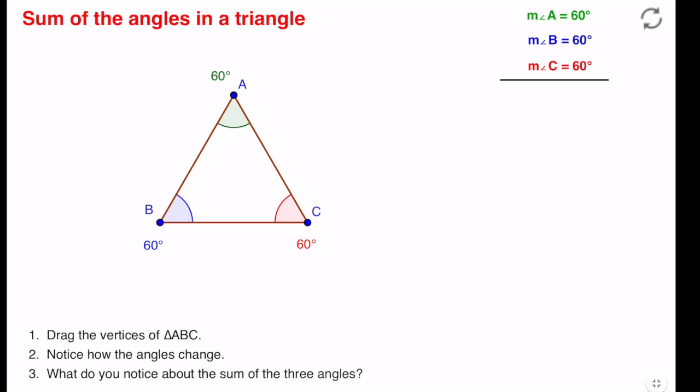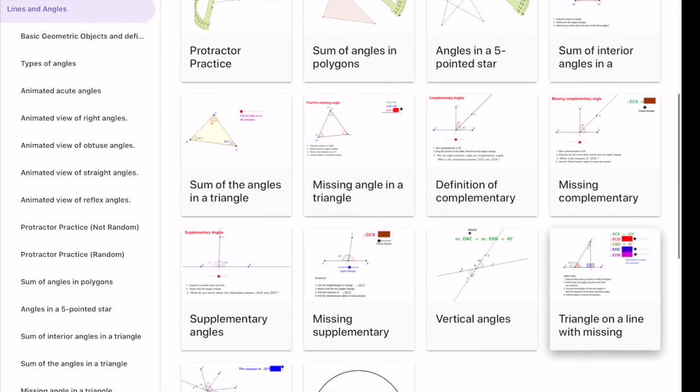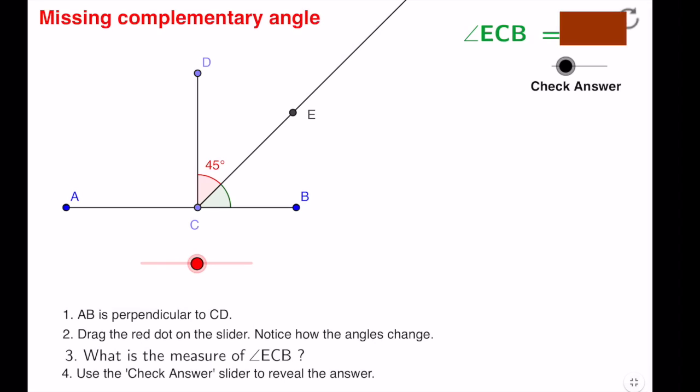Okay, the next app that would be good for you to review is looking at complementary or supplementary angles. So you can look at the missing complementary angle. What does it mean to be complementary? So here we have some angles formed. Let's do some checks here.